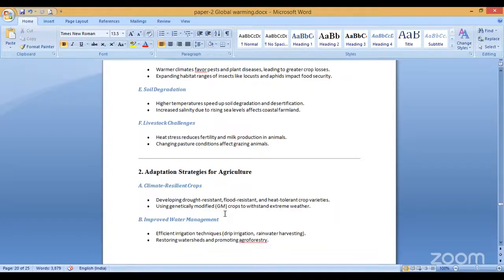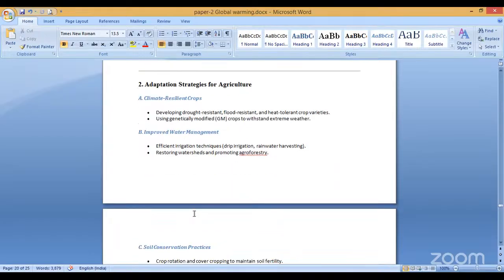Adaptation strategies for agriculture. Climate resilient crops: developing drought resistant, flood resistant, and heat tolerant crop varieties, using genetically modified crops to withstand extreme weather. Improved water management: effective irrigation techniques, drip irrigation and rainwater harvesting, restoring watersheds, along with promoting agroforestry.